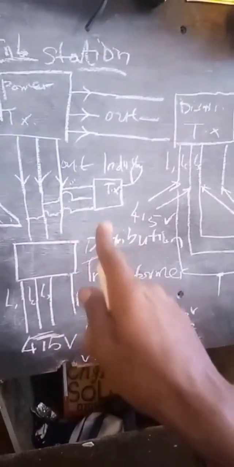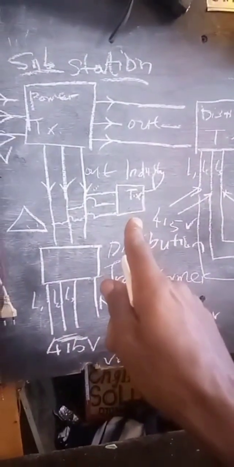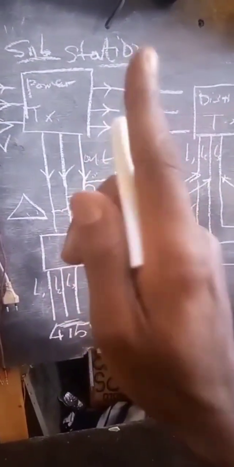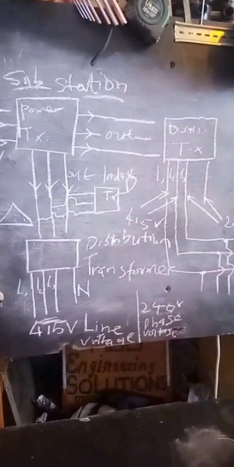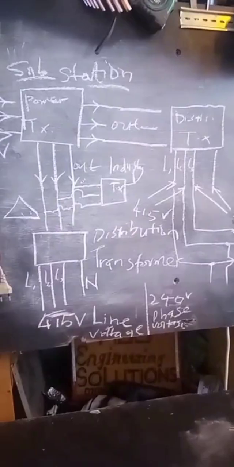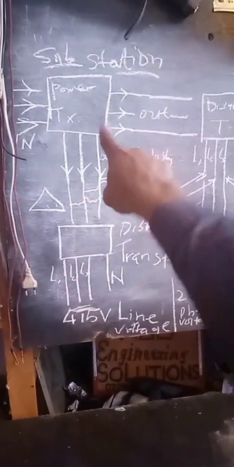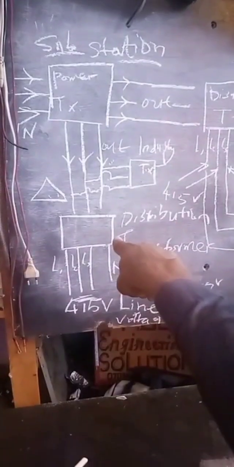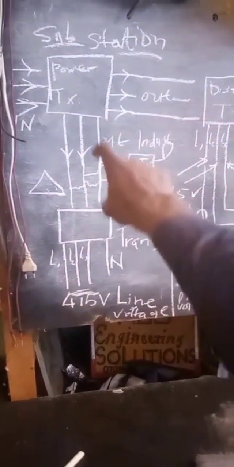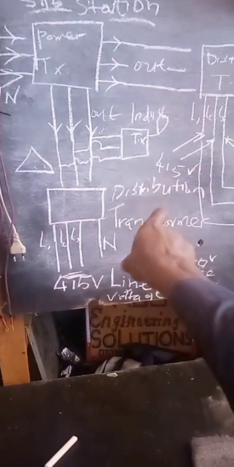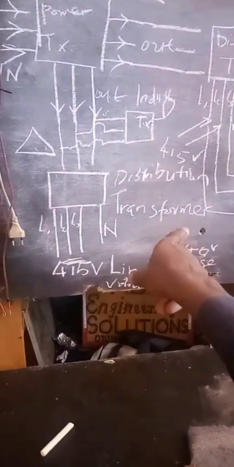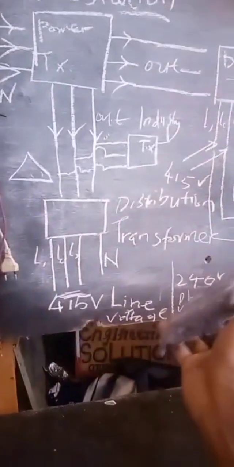So industries can use a separate line and separate transformer from other consumers. So I'll just simplify my diagram so that you can see the distribution part of it, right from where we have the power transformer to where we have the distribution transformer. I'll indicate what's in between there, and I'll give the dropping requirements for consumer service.